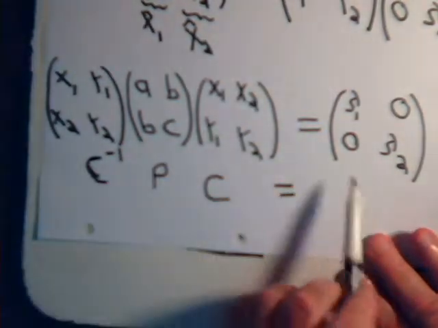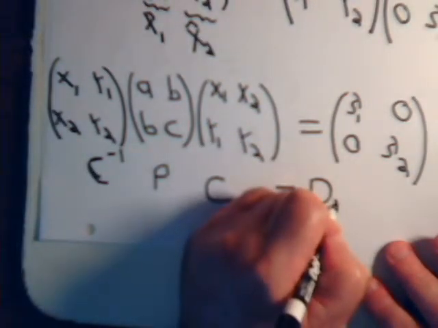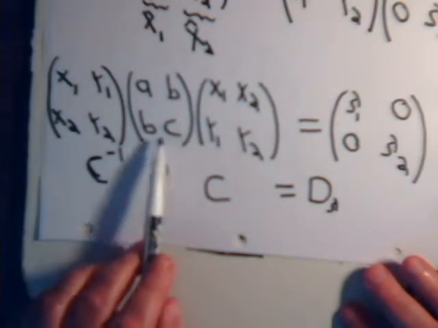And this is just a diagonal matrix, where the diagonal elements are just the eigenvalues of this matrix P.